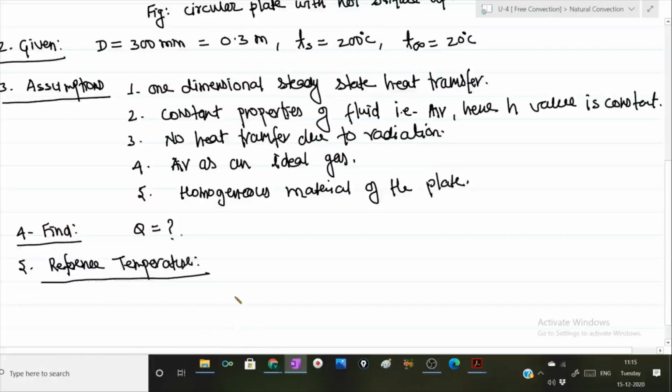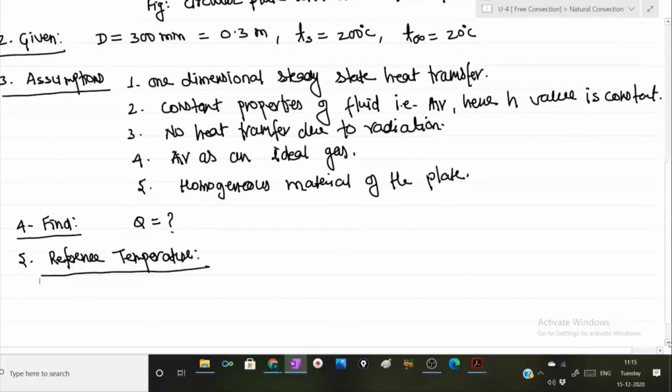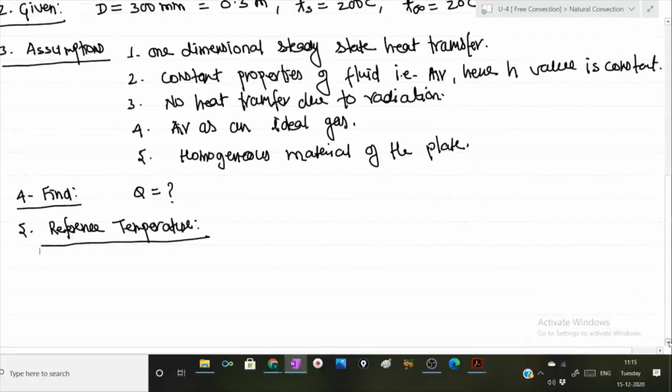Now in case of free convection problems, generally reference temperature is taken as mean film temperature.